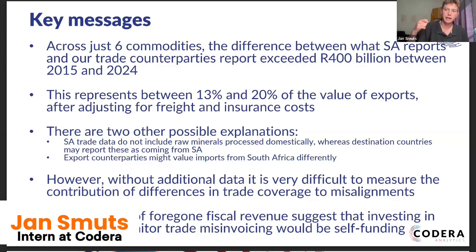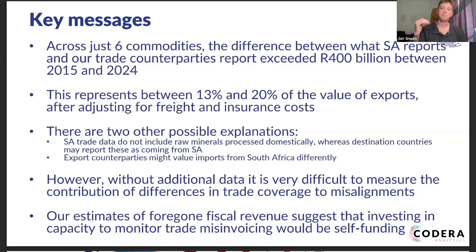So when it's imported, it gets reported as CIF. And I'm not sure how rigorous the reporting is for a counterparty's FOB reporting. When they're reporting an import, they will report the CIF value. They don't necessarily know what the FOB value would be, as far as I'm aware. So what we did then is compare the export FOB to the import CIF of the corresponding value.